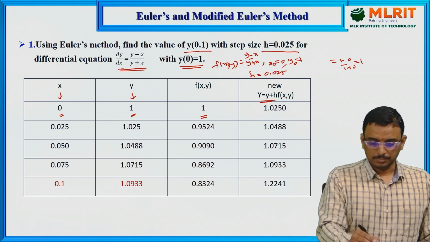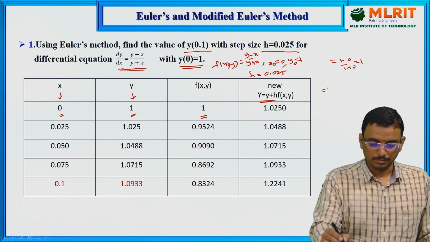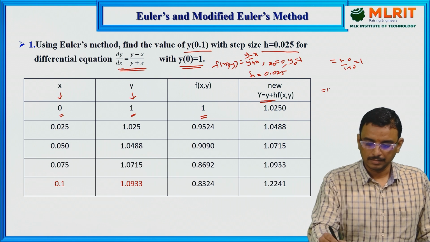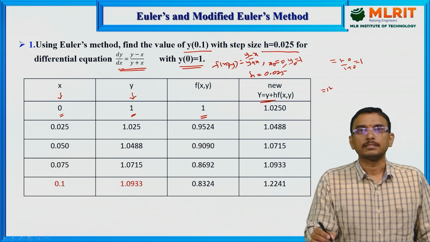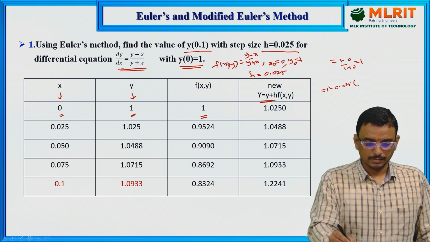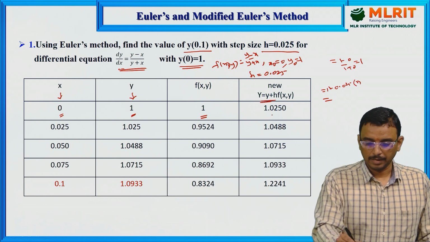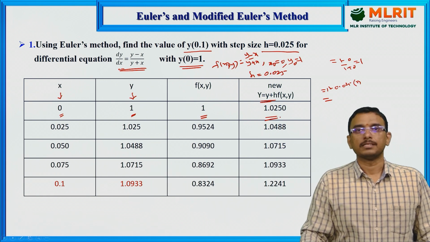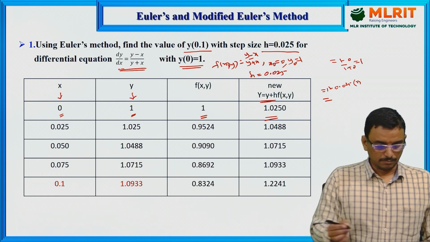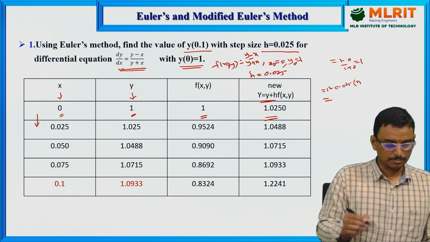Now you substitute this value in new y, that is y plus h into f of x comma y. So y means this is 1 plus h, the step size, 0.025, into the function f of x comma y, which is 1. So this value becomes 1.0250. Similarly, we can take the next step size of x.